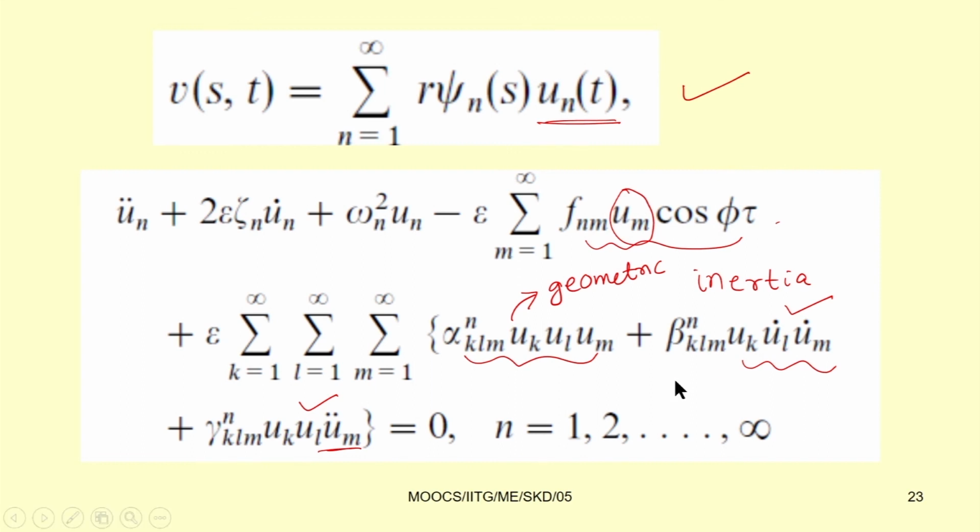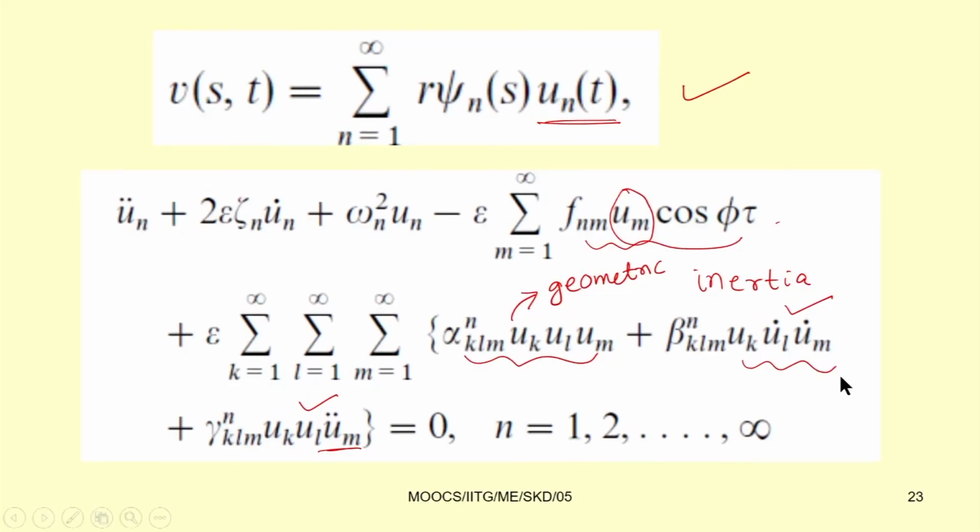You have seen the equation of a parametrically excited system as the Mathieu equation and Hill's equation in the introductory class. In this case you have additional geometric and inertial nonlinear terms in addition to the Mathieu type of equation.